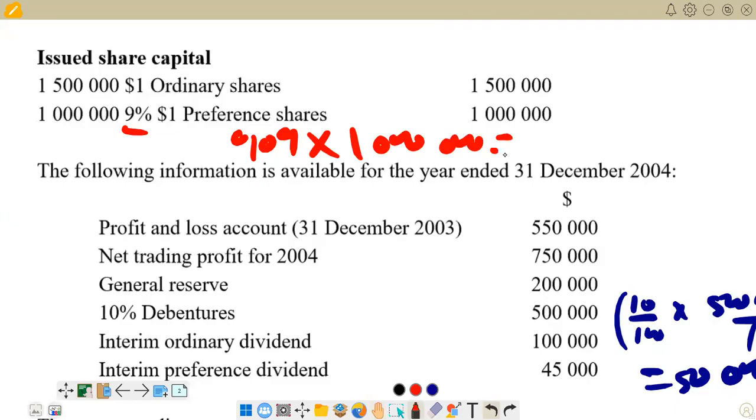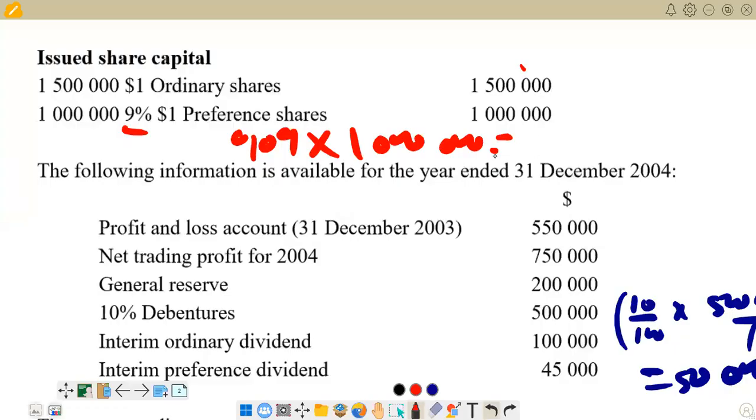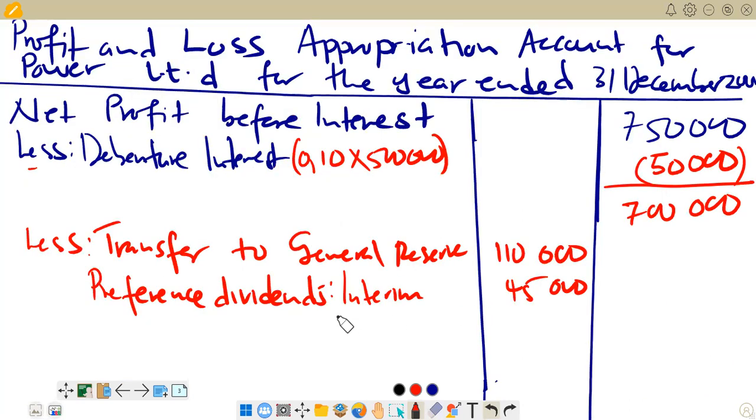So when you calculate that one, you are going to get 90,000. So this is going to be our final dividend. So here, preference final, we have 90,000.